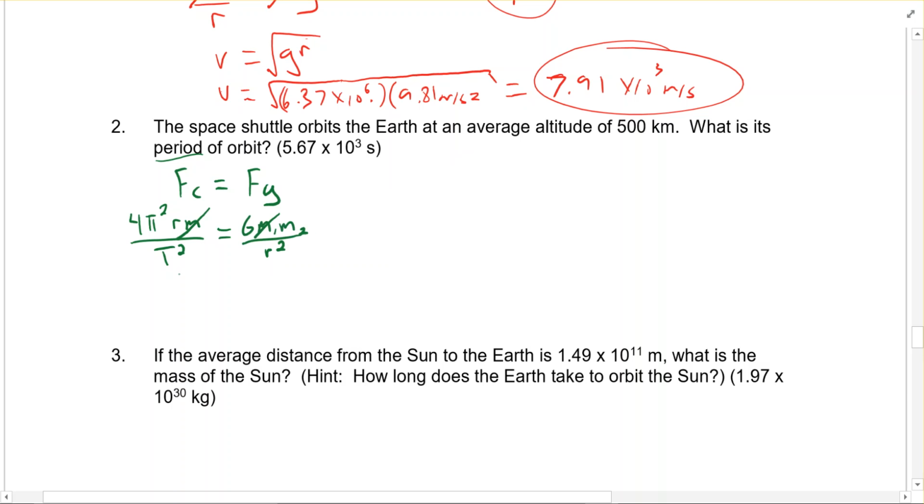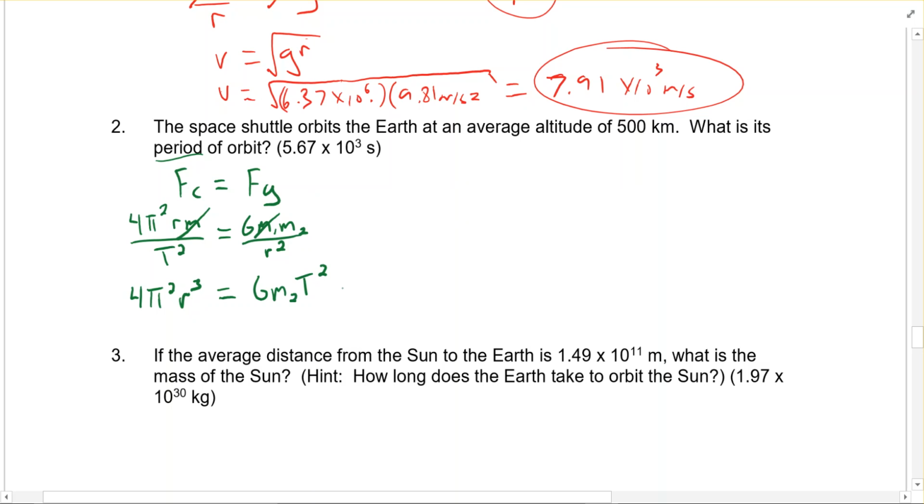If we rearrange this, if I bring t up to the right side of the equation and r squared up to the left side, just to clean this up a bit, we're going to end up with 4 pi squared. This becomes r cubed, r times the r squared that I brought up. It's going to be equal to big G times m2 times t squared, and we're looking for t.